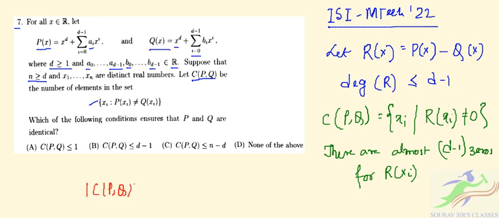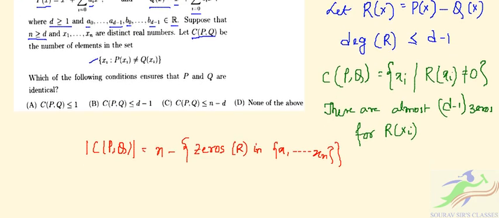If we write it in this manner, this magnitude of c(P,Q) is equal to n minus the number of zeros of R in the sequence x_1 up to x_n.